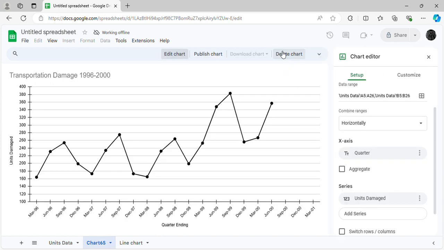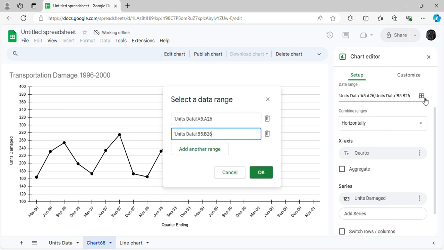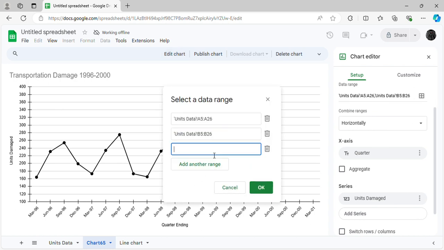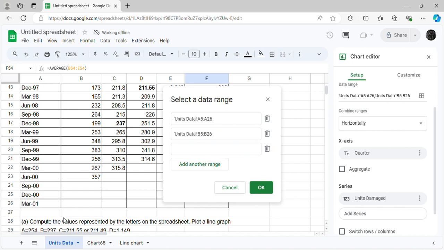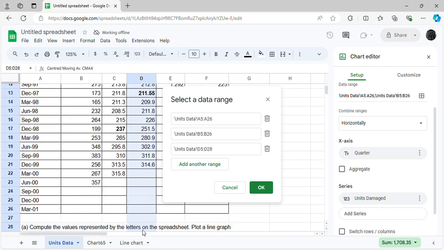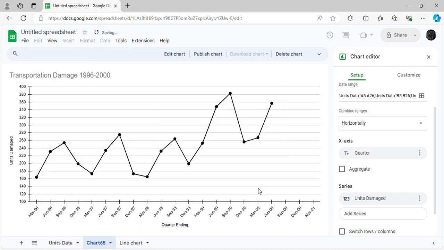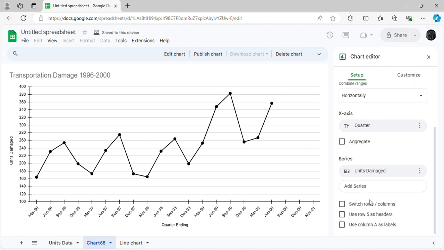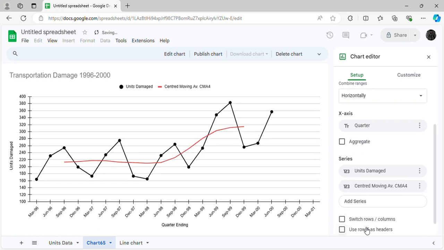So click on edit chart, add another data range, and that is for centered moving average. Then go to the series, click on add series, and add centered moving average.